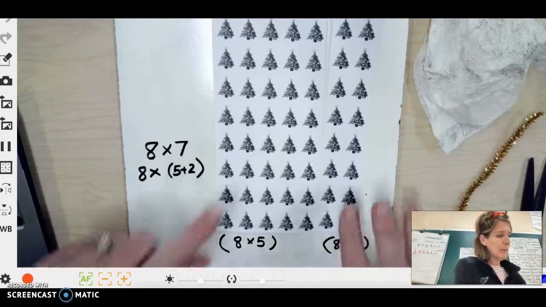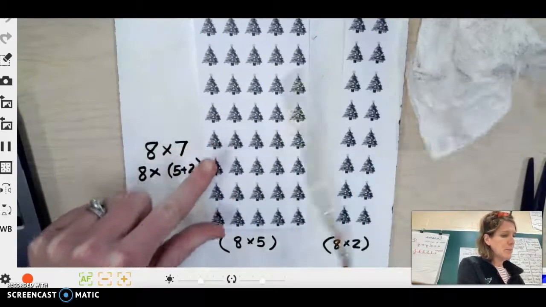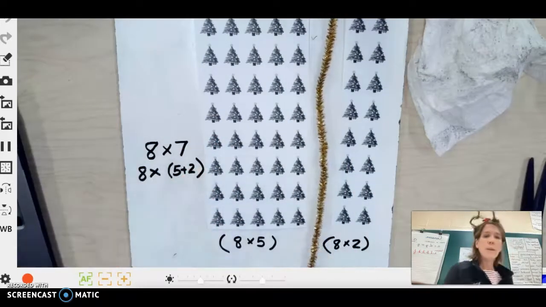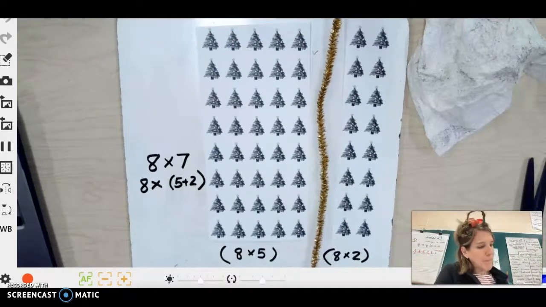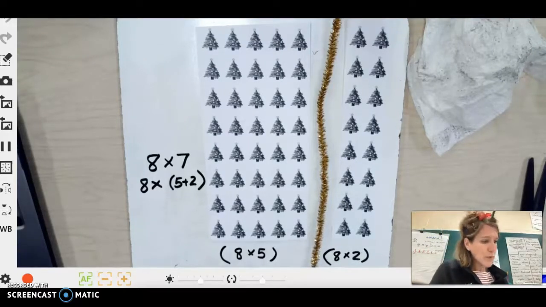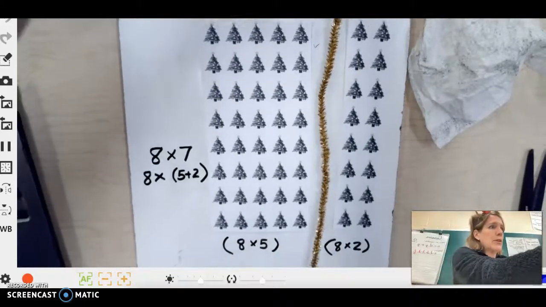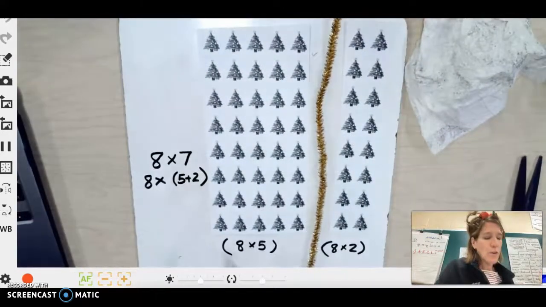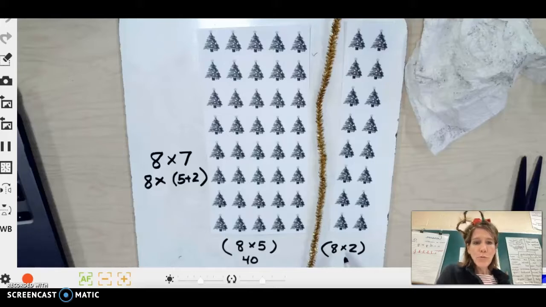8 times 5 plus 8 times 2. See how all I did was put my beautiful little marker there. Okay, oops, sorry, you can't see on my trees. Okay, well, 8 times 5. Count by 5s 8 times. Think about a clock. When the minute hand's on the 8, it is 40. Let's see. 40. And 8 times 2, double 8 is 16.